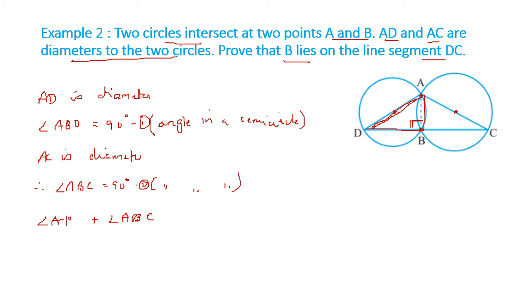Angle ABD and angle ABC equal to 90 plus 90, 180 degree. It means if ABC is 90 and this is 90, then DBC should be a straight line. So DBC is a straight line, and so you can say B lies on DC.